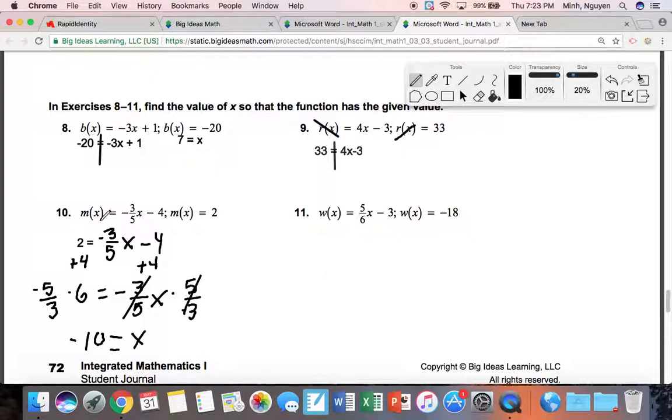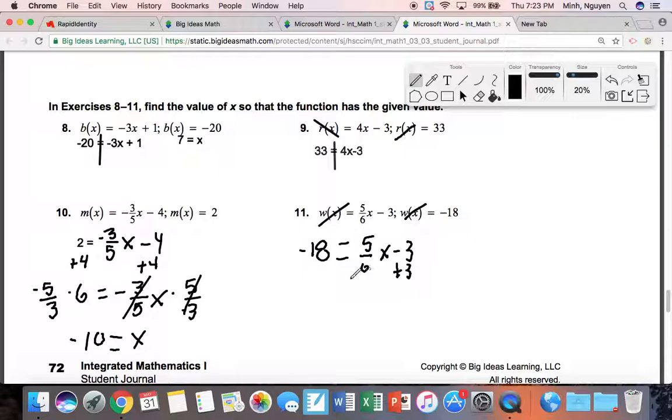Again, this one, you add 3 and you would multiply by the reciprocal of 5/6, which is 6 over 5. So what does that look like here? Let's substitute negative 18 for w of x, equals 5 over 6 x minus 3.